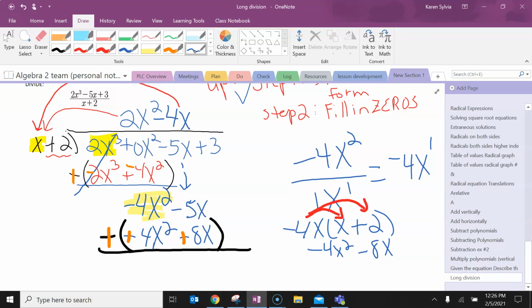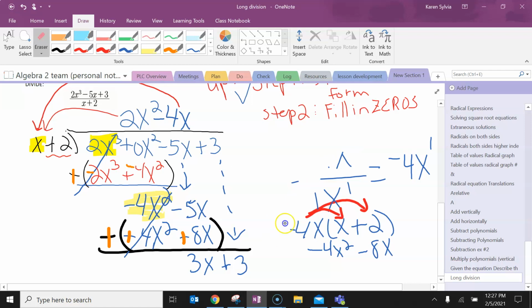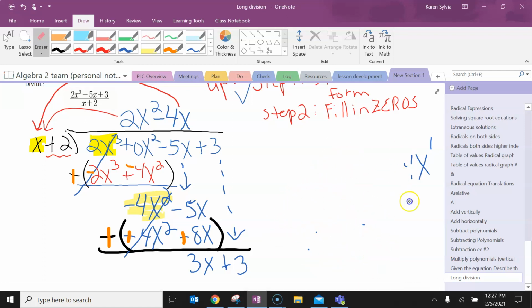We are doing our first step of changing all the signs and then adding. So my 4x squared term cancels. Negative 5x plus 8x gives me a positive 3x. And I have one last term to drop down, which is a plus 3. And I'm going to start that process one more time.